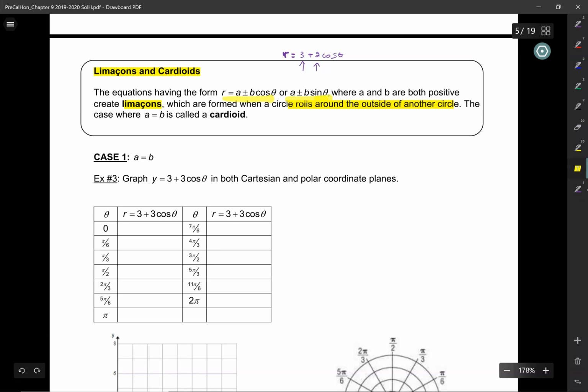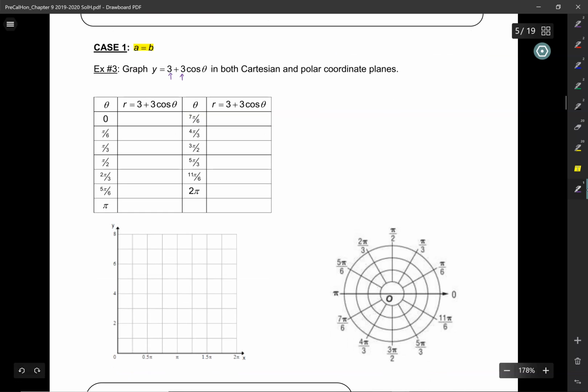The case where A and B are equal to each other is called a cardioid. Why cardioid? You will see right now. All right, so we're going to do all three cases, and the first one is when A is equal to B. So for example, I have r equals 3 plus 3 cosine theta, and you see that these two numbers are the same. All right, so we're going to graph them in both Cartesian and polar coordinates, okay?